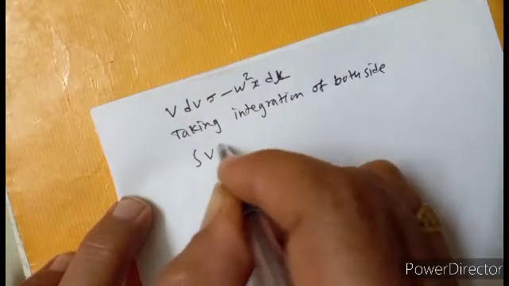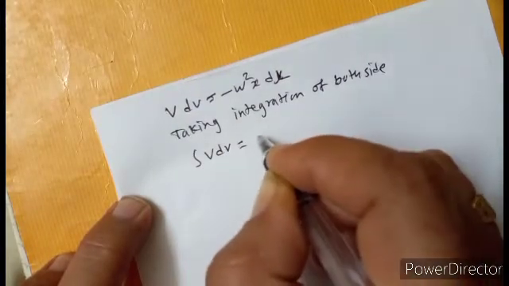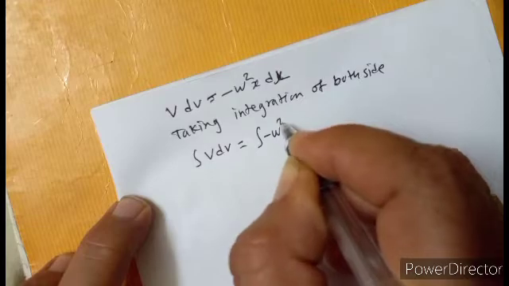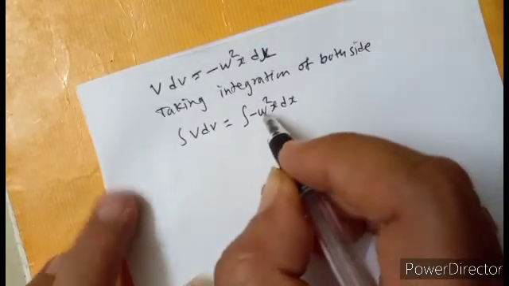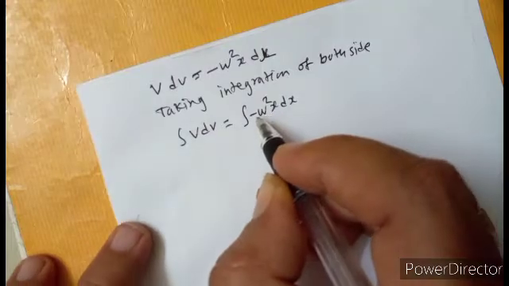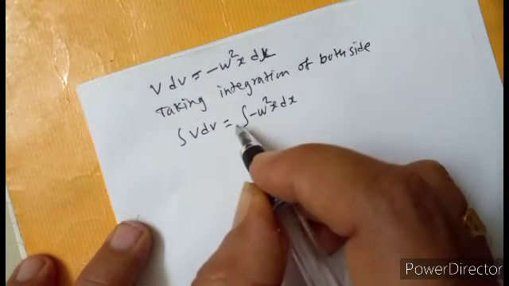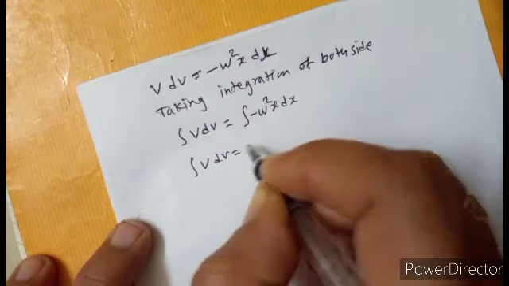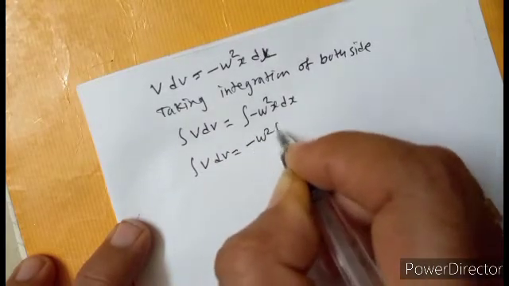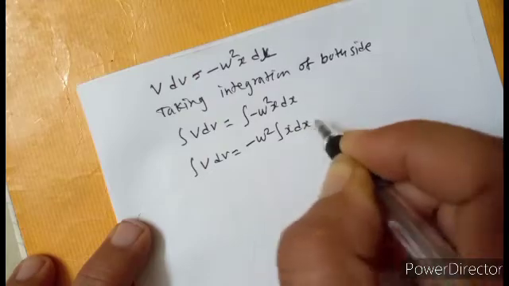So integration v dv is equal to integration minus omega square x dx. Minus omega square is a constant and the negative sign we take outside the integration. So integration v dv is equal to minus omega square integration x dx.